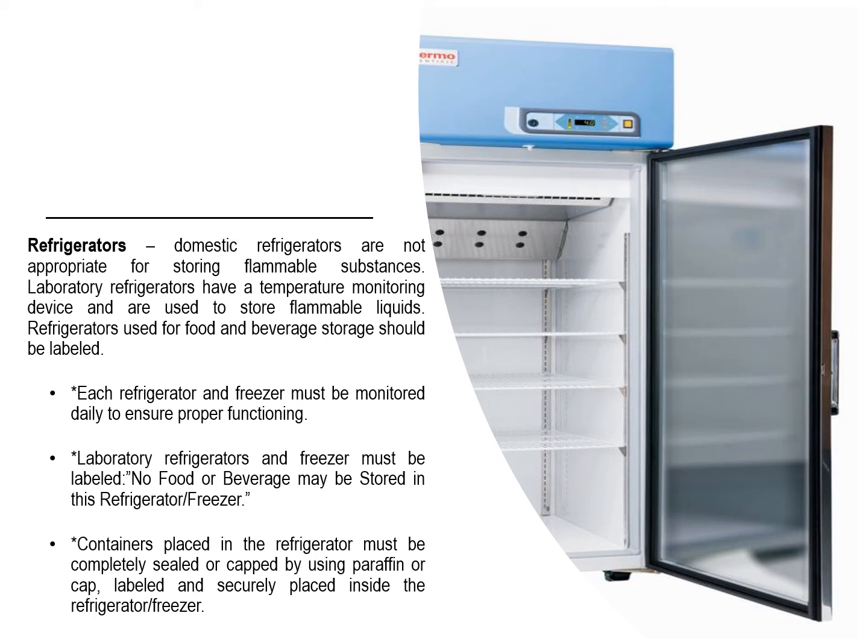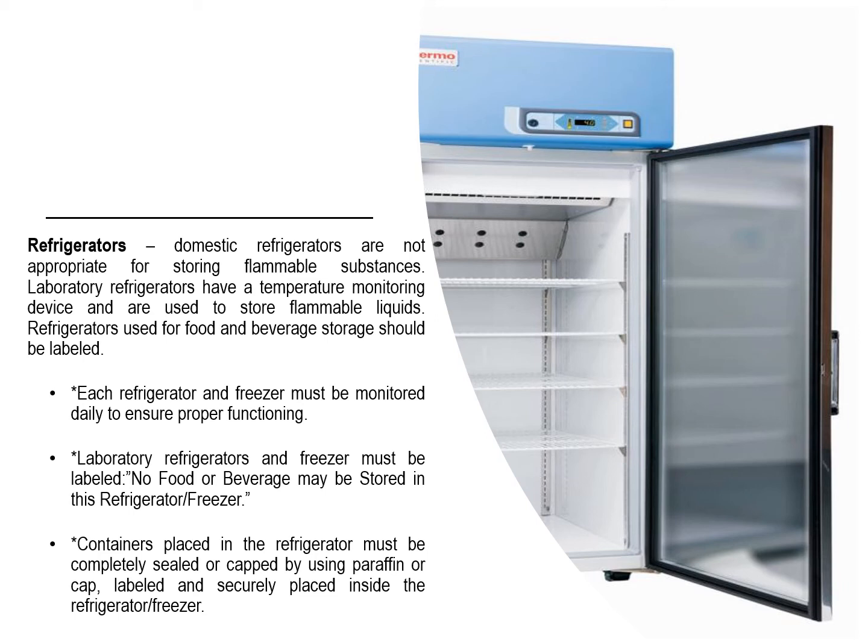Temperature monitoring is very important for some reagents inside the laboratory because it maintains their viability when stored inside the refrigerator. Refrigerators used for food and beverage storage should be labeled. Each refrigerator and freezer must be monitored daily to ensure proper functioning. And label is very important.